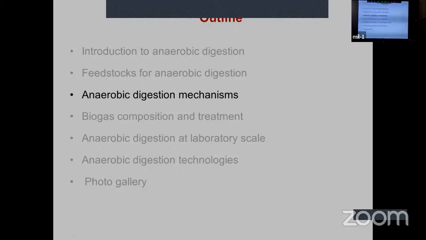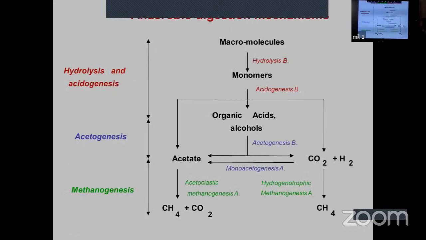Now, let's see the anaerobic digestion mechanism. It is a biological process which is made of 4 successive steps, and each step is carried out by different microorganisms. The first step consists in the hydrolysis of the macromolecules into soluble monomers.